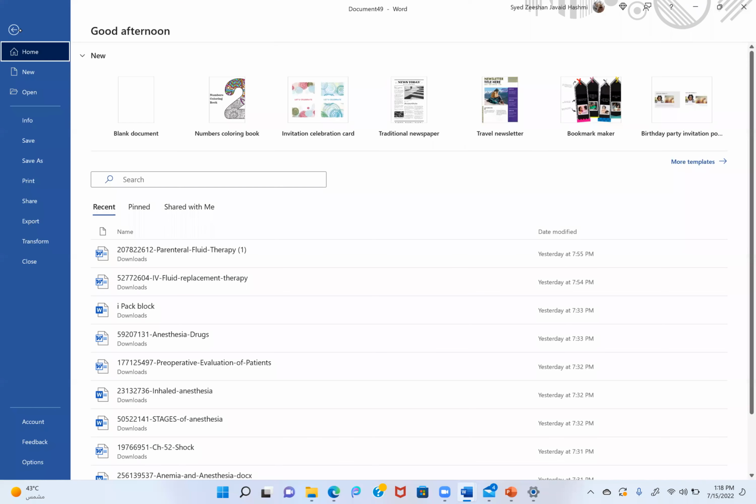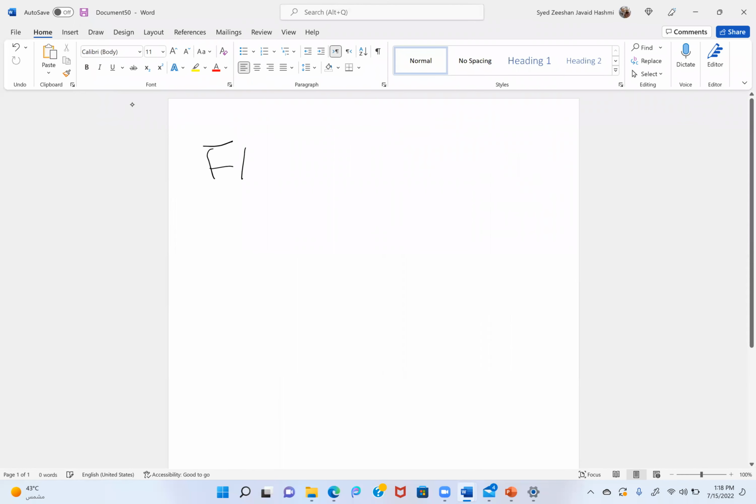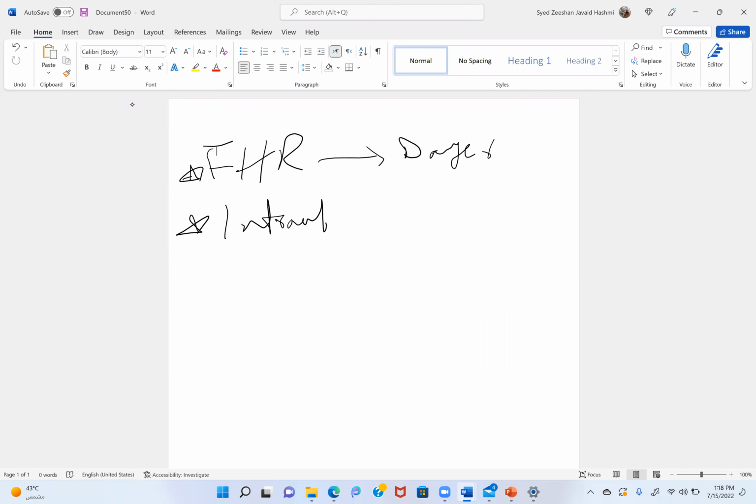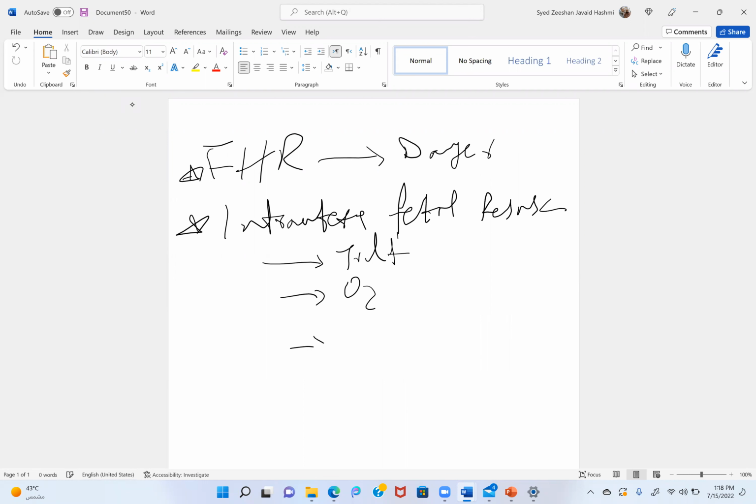Another thing they can ask you about is fetal heart rate. What are the danger signs? Another related question is intrauterine fetal resuscitation. Actually it is just how you do the uterine tilt, you give oxygen, and you stop Syntocinon if there is a dangerous fetal heart rate.